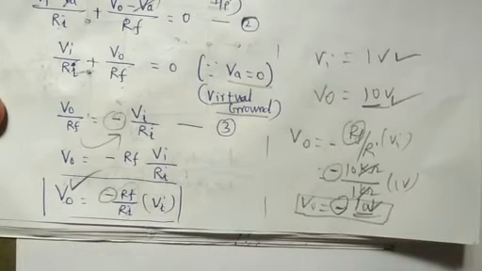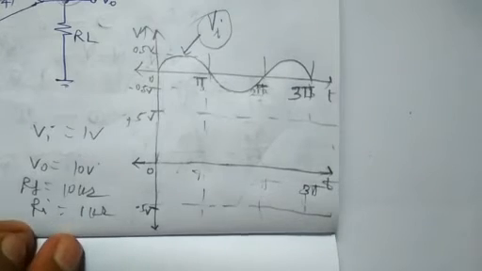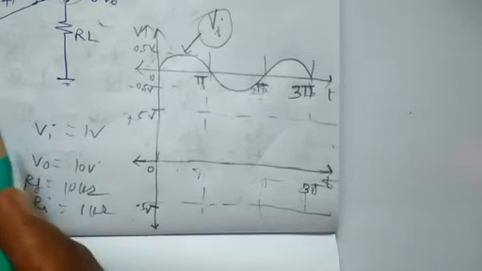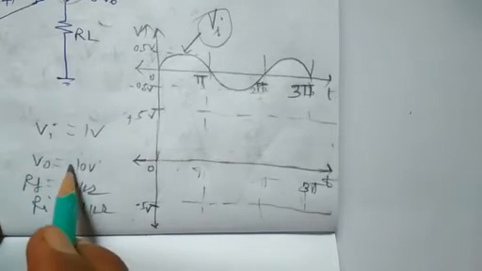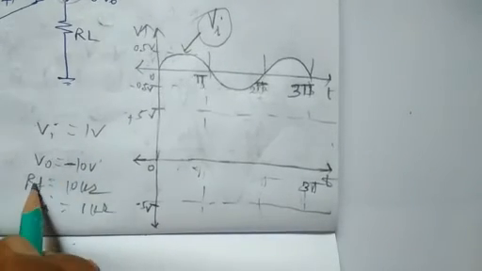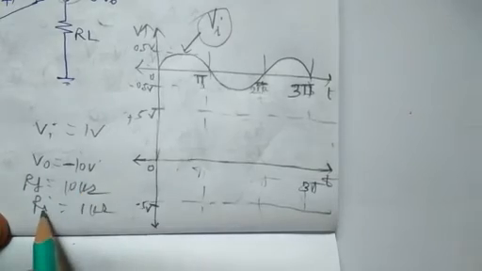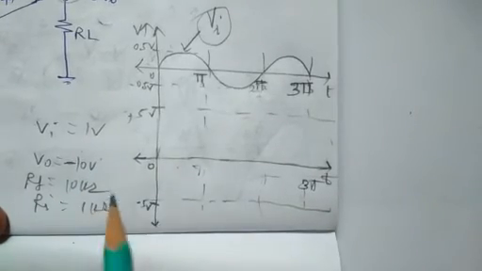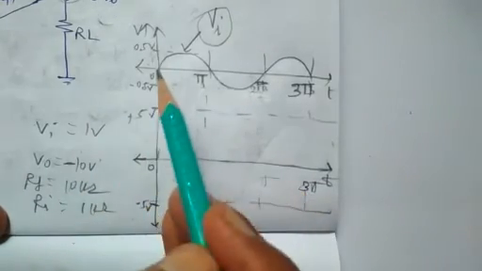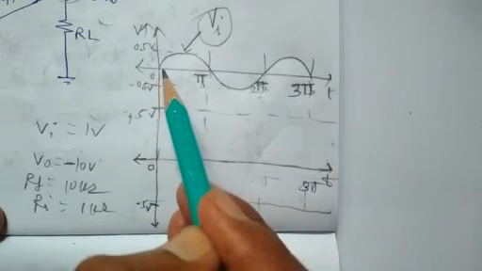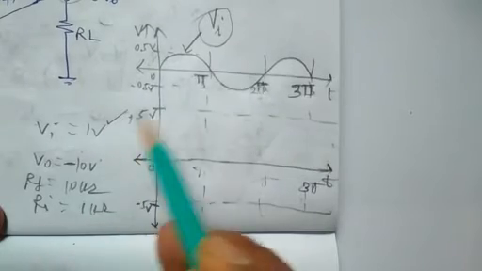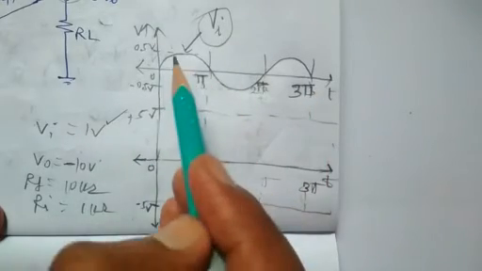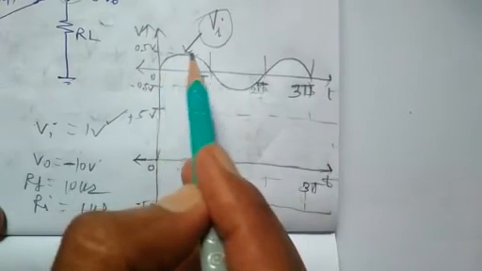I want to draw the waveforms for the examples we have discussed, that is Vi input is 1 volt and output is minus 10 volt for the feedback resistance of 10 kilo ohm with input resistance 1 kilo ohm. We have to draw the input like this. It is a sine wave input. Suppose you are giving a sine wave input of 1 volt, you have to draw the sine wave for 1 volt peak to peak.